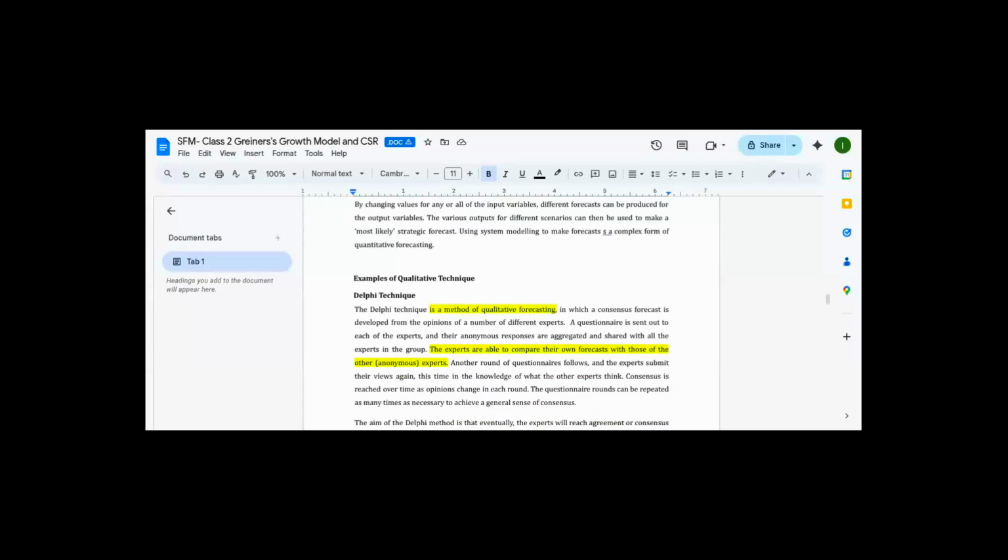So in qualitative sales forecasting, some of the methods that we use are Delphi techniques. Don't mind the name. The simple meaning of Delphi is for you to seek expert opinion from external consultants.